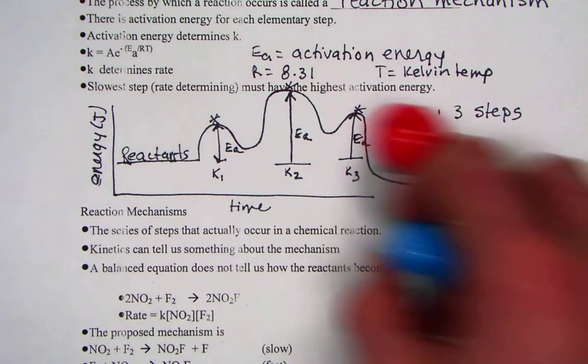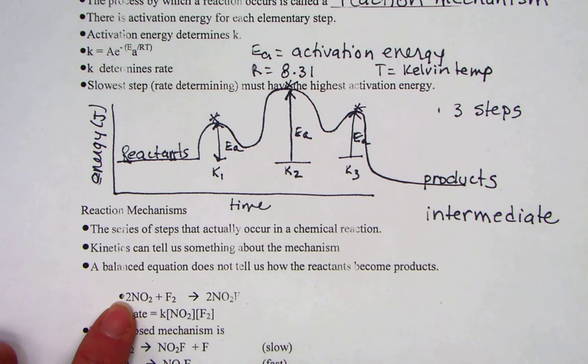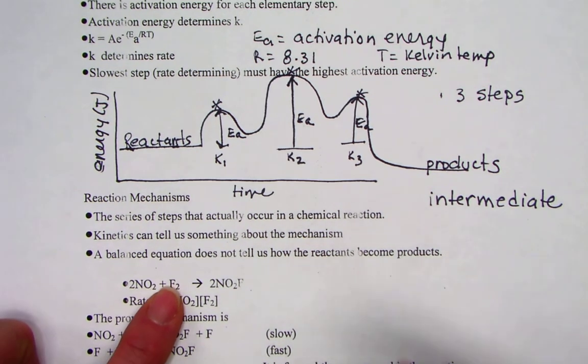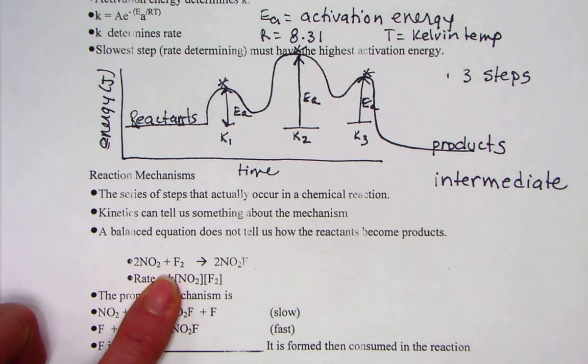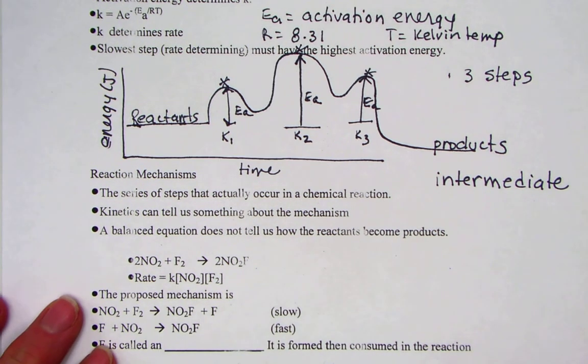If I were to look at 2 NO2 and F2 and the way that they collide step by step, we would develop what's known as the reaction mechanism. If this observed rate law shows rate is equal to k times NO2 to the first order and F2 to the first order, that rate law gives us great insight into what's actually colliding.